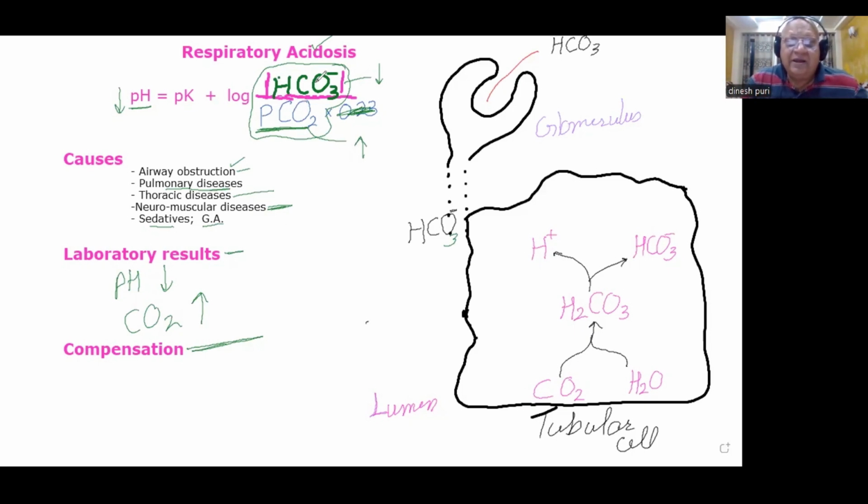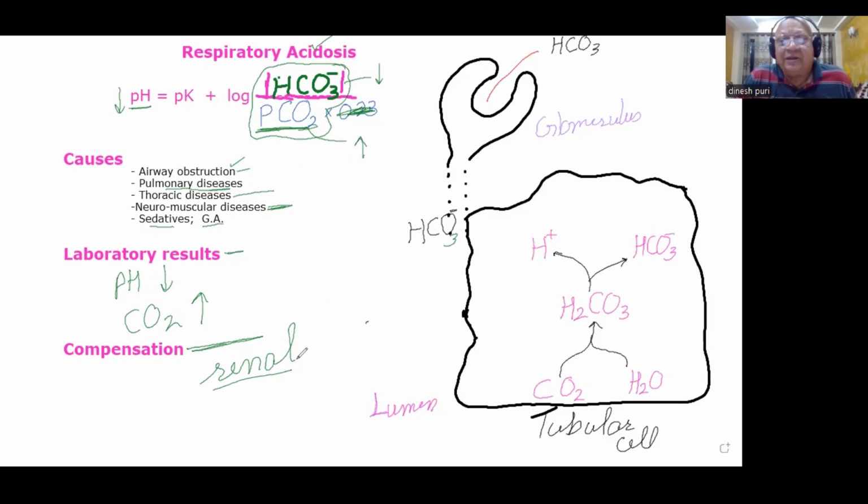In contrast, here the primary defect is in the lungs or in the airways, etc. So, of course, lungs cannot be expected to play any compensatory role. The compensation mainly comes from the renal mechanism, although RBCs also play a supplementary, minor role.